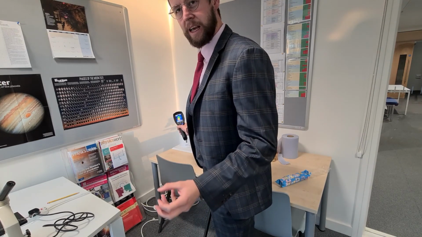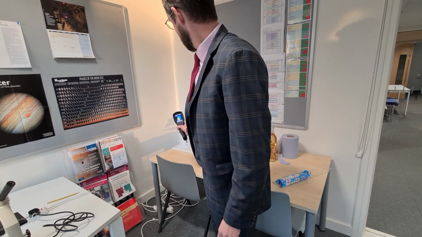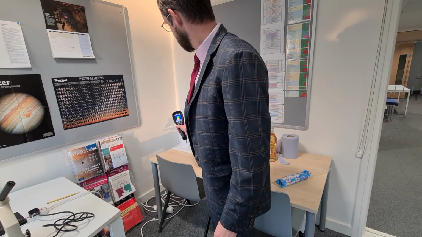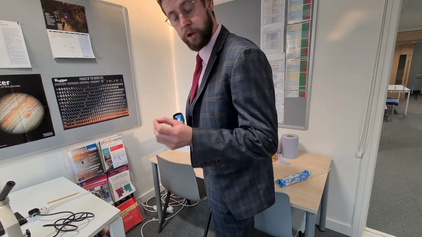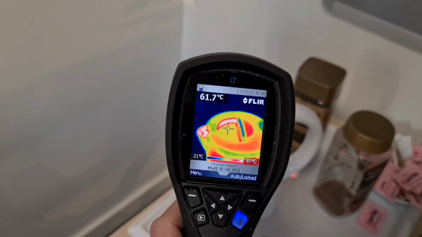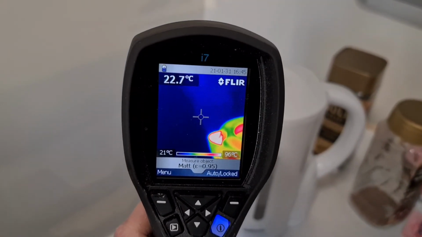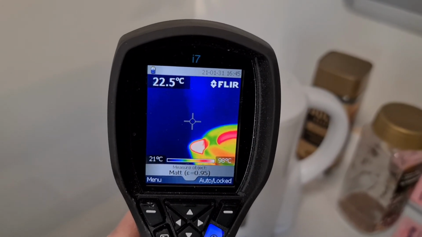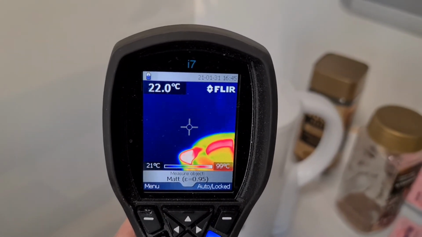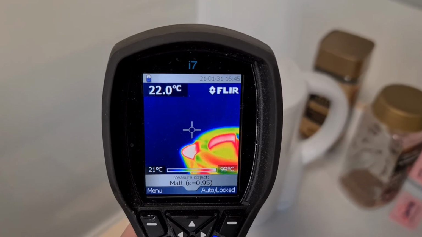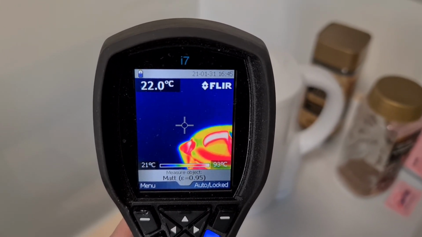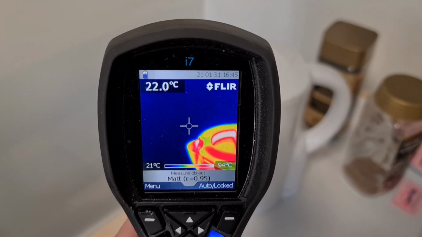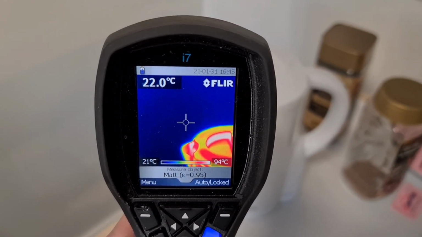They're still attracted to each other. What starts to happen is that some of them get given enough energy to escape. There, the hot steam coming out of the top of the kettle is evidence that some of those water molecules were given enough energy to escape the surface and become a gas.